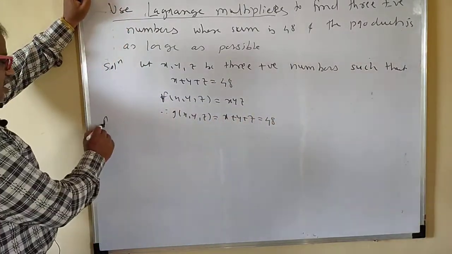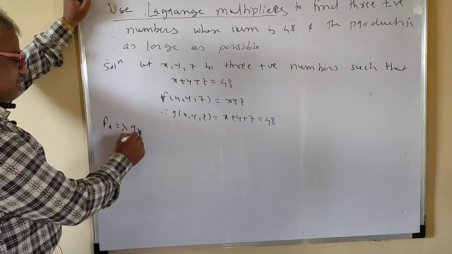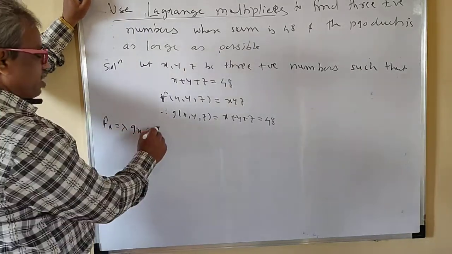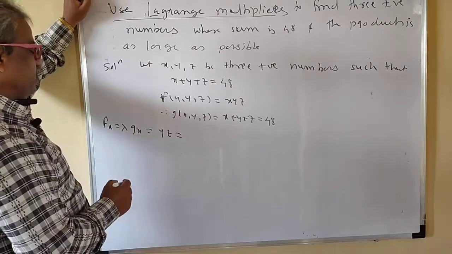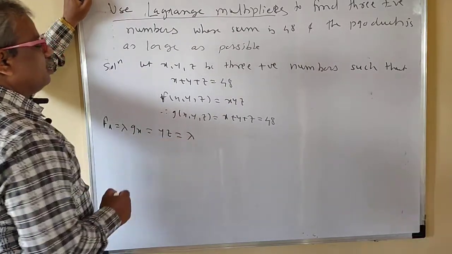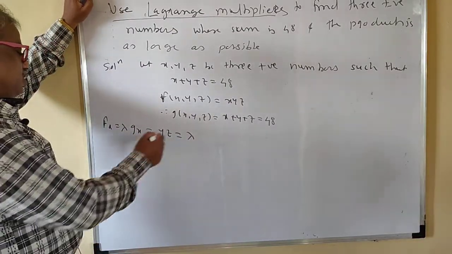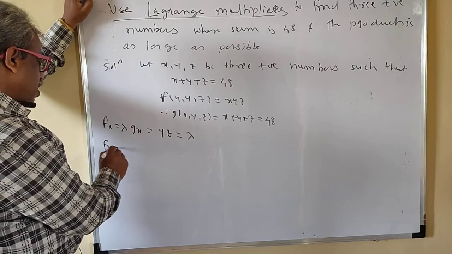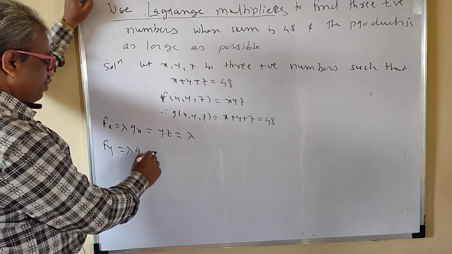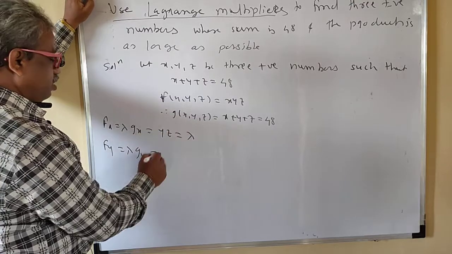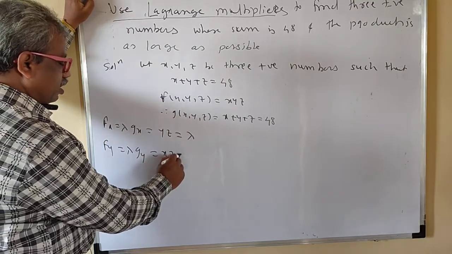So we write f_x is equal to lambda g_x. What is your f_x? yz. f_x is yz, equal to lambda. This is 1. f_y is equal to lambda g_y, so this is xz equal to lambda.